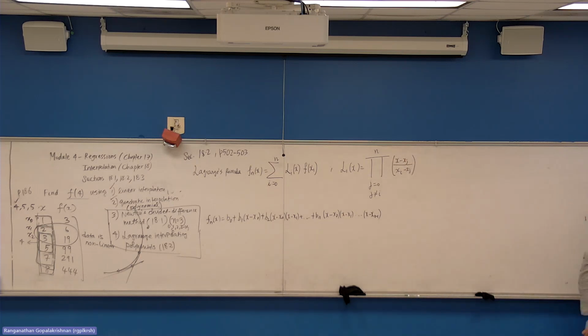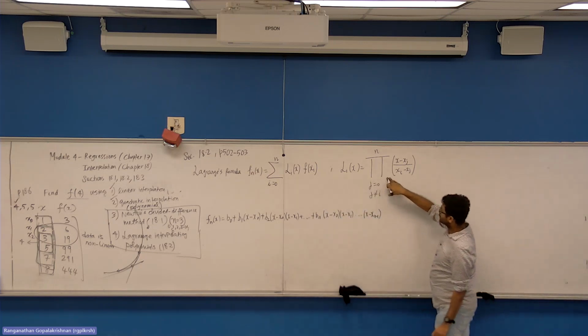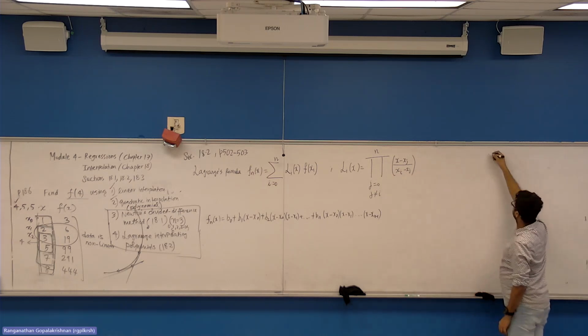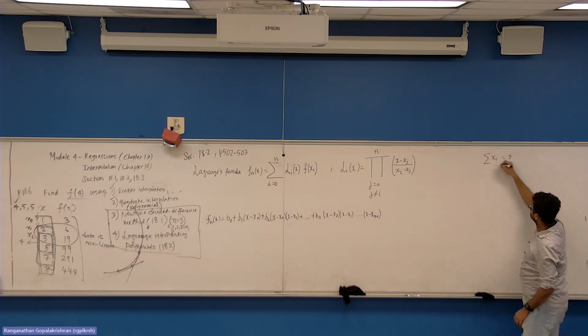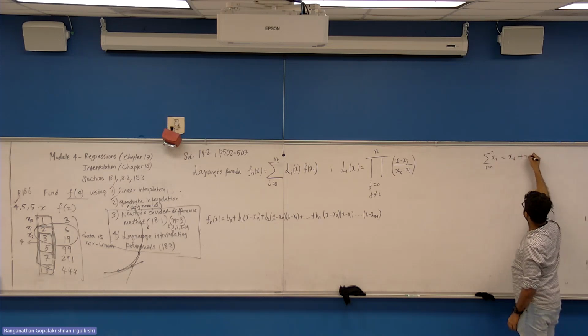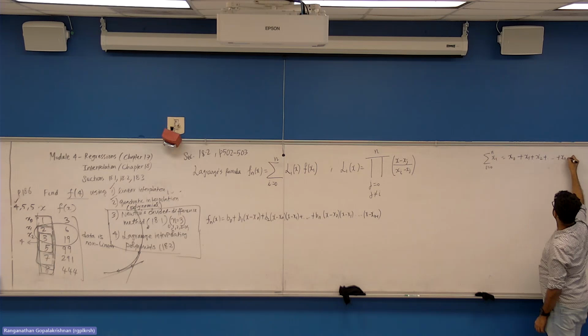You know the summation, right? You know what the sigma represents. Are you all aware of what this pi represents, the product? When you write sigma xi, with i running from 0 to n, this is shorthand for x naught plus x1 plus x2 and so on up to xn.